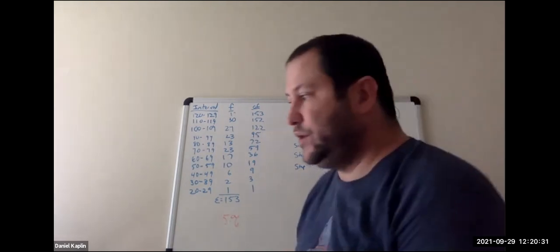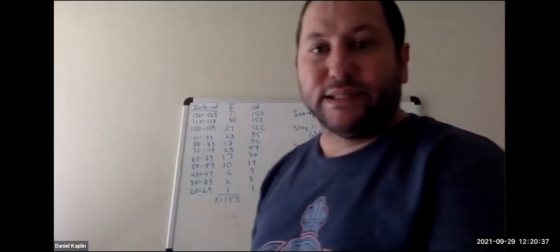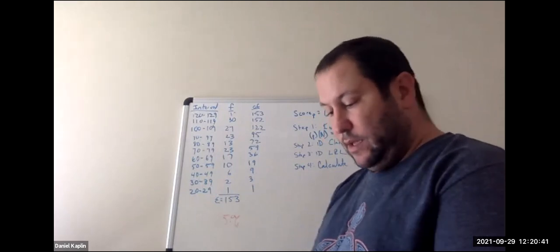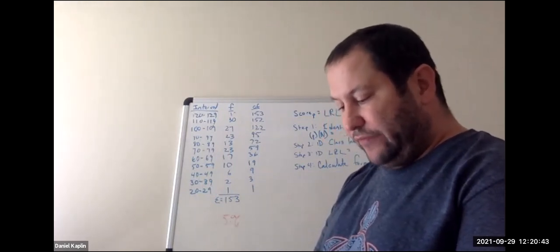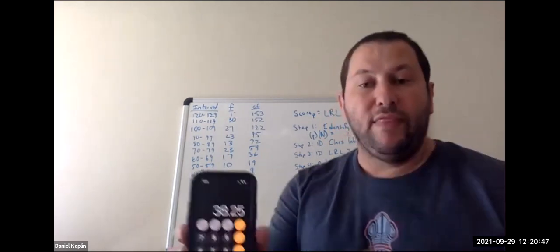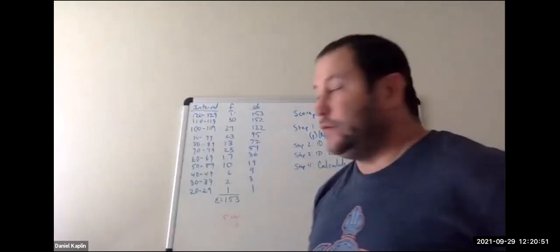So if I get out my calculator, what case would be the 25th percentile? I would do 0.25 times 153, and that gives me case number 38.25.